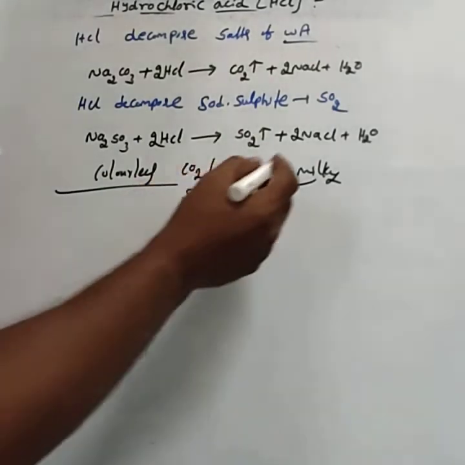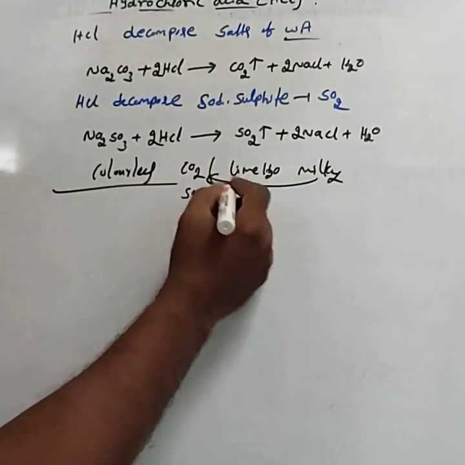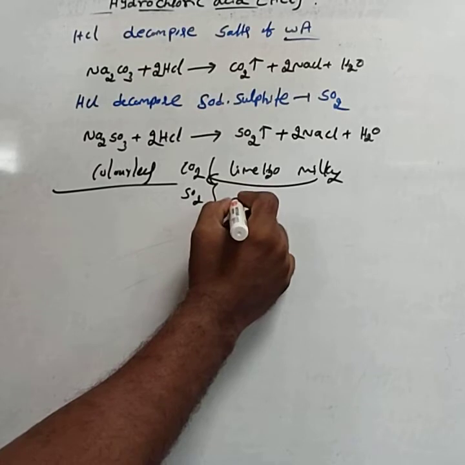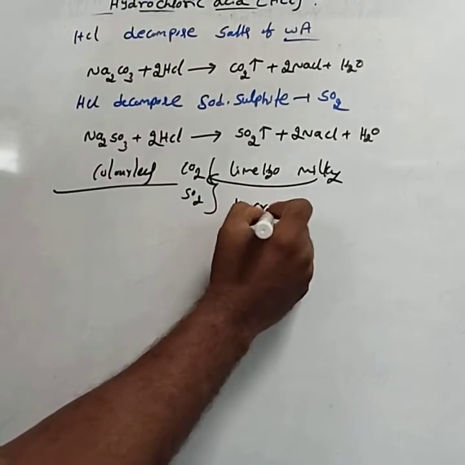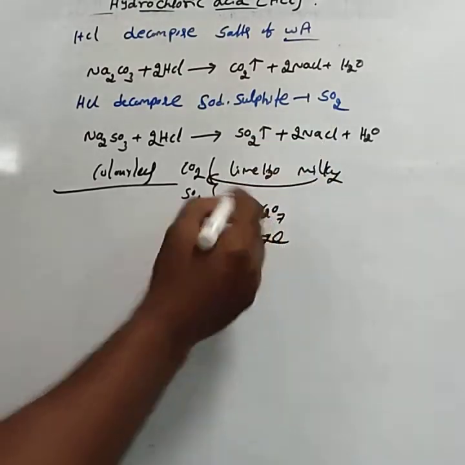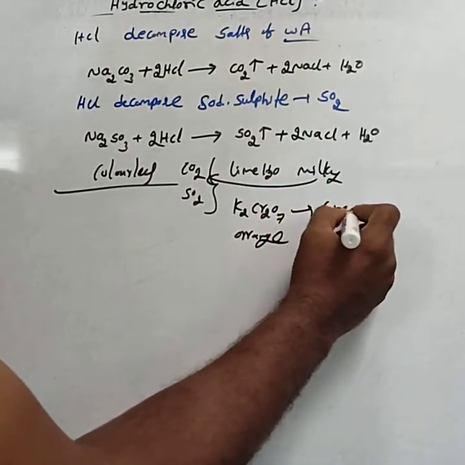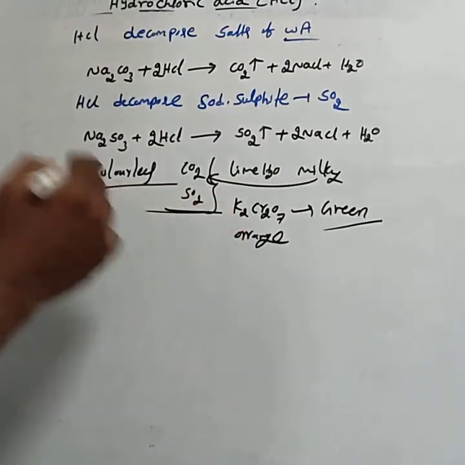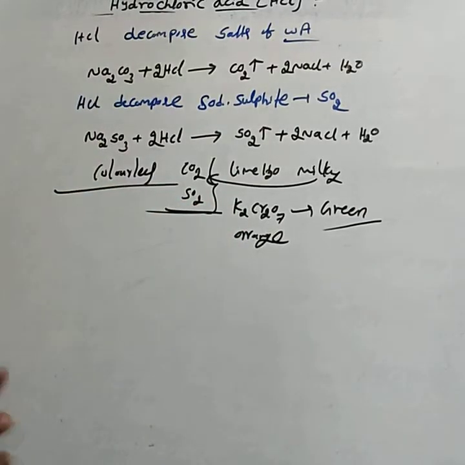If lime water does not turn milky, then you expose a dichromate paper. Dichromate paper is an orange color. If that orange dichromate paper turns green, that indicates sulfur dioxide. We already studied the properties of sulfur dioxide.